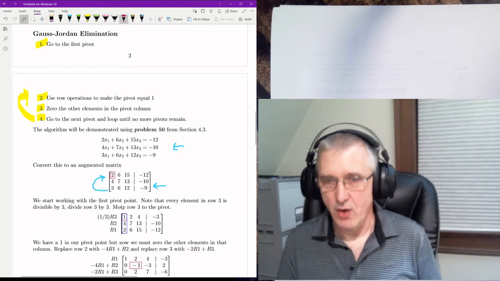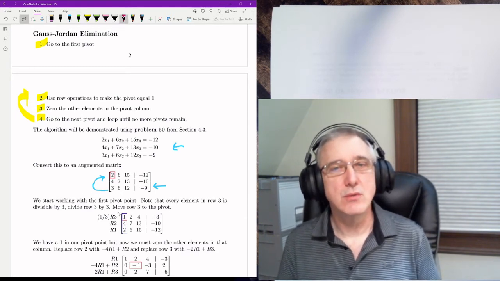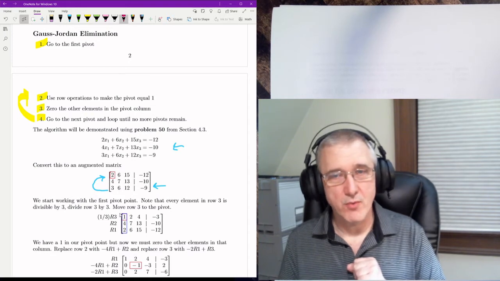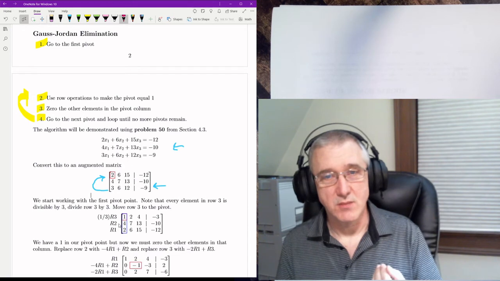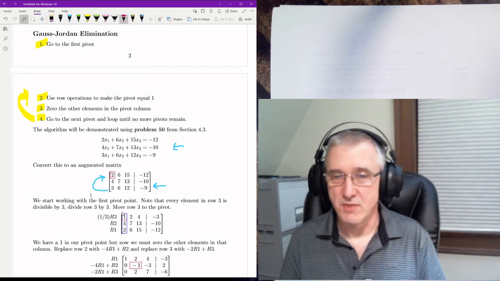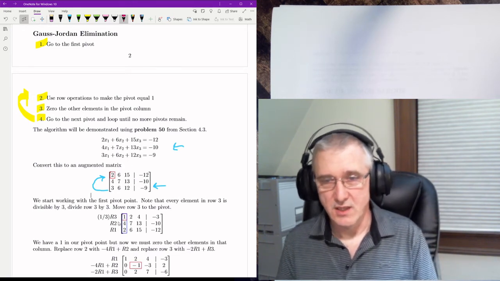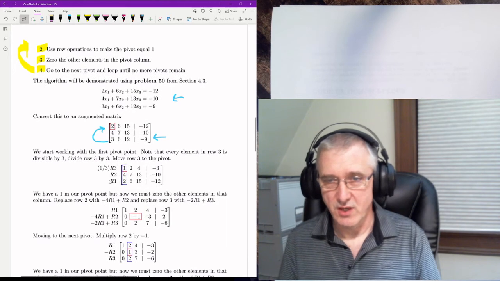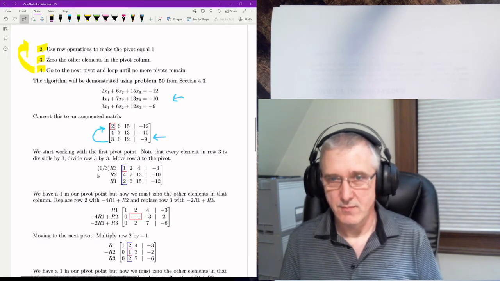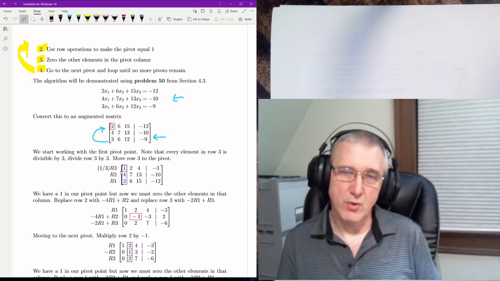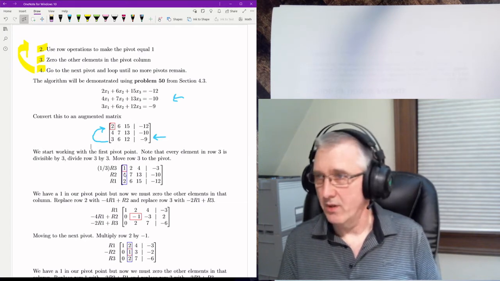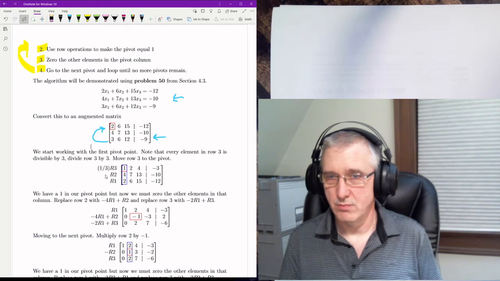We have that. Now our next step is to use row operations to make the pivot equal to 1. The next step is to zero the other elements in the pivot column. The way that we zero out the other elements is we'll multiply row 1 by minus 4 and add that to row 2.